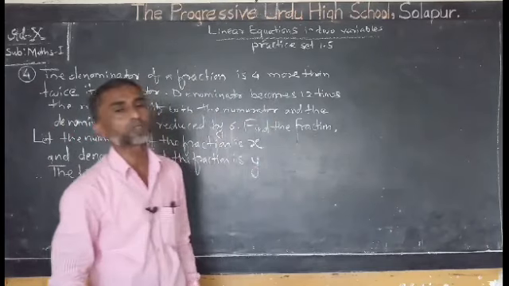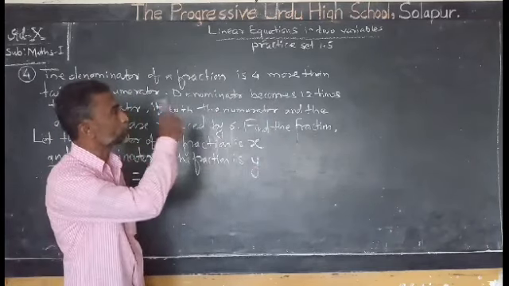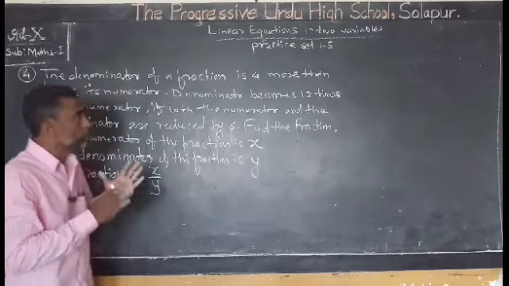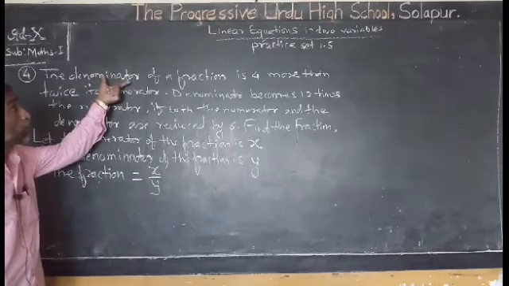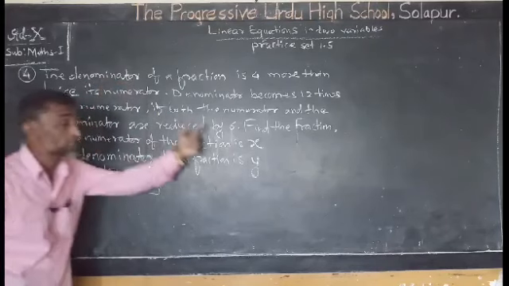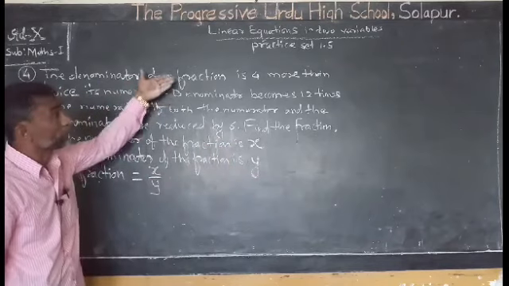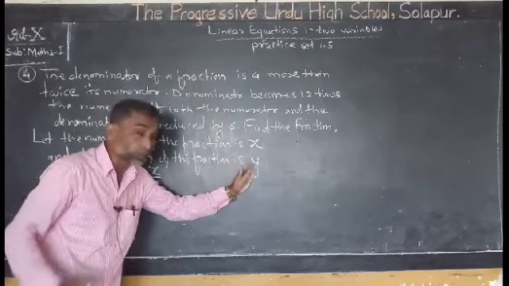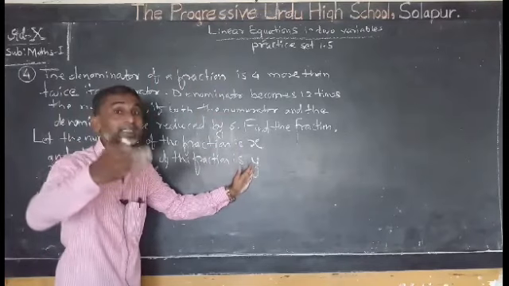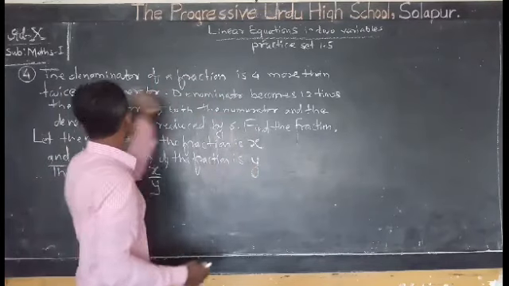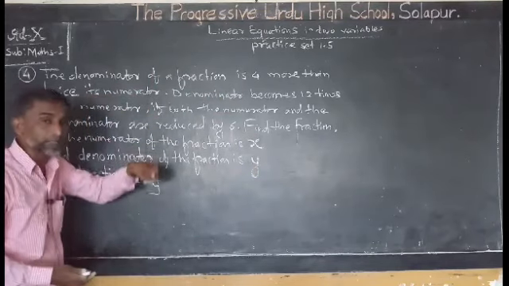Now, make the two linear equations according to given information. I am going to read again. The denominator, that is y, of a fraction is 4 more. This y is 4 more. It is greater by 4 than twice its numerator.